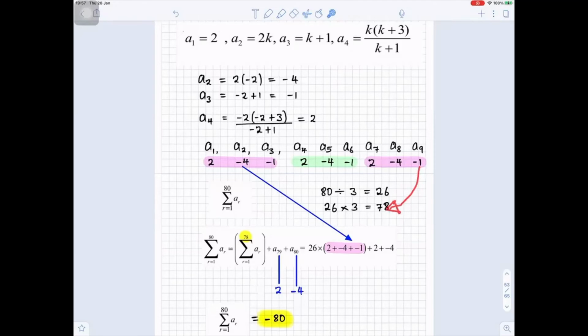So A79, what comes after minus 1, is 2 and minus 4. Clever thinking. What comes after A78? A79, and that would be 2 and minus 4. So you will do 26 times that, 2 plus minus 4 plus minus 1, plus 2 plus minus 4. And that will give you minus 80 as the sum from r equals 1 to 80.